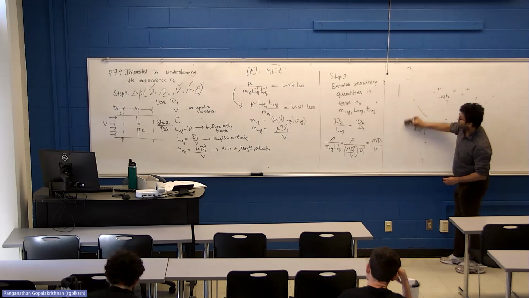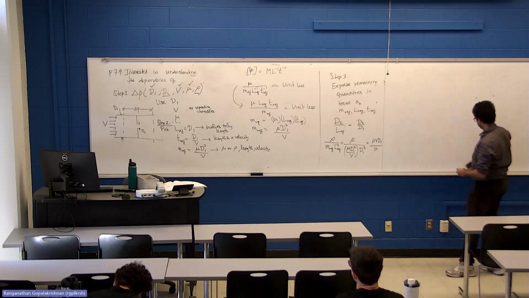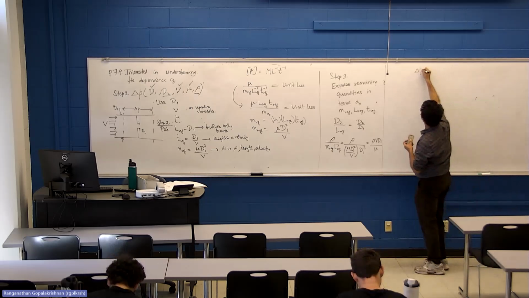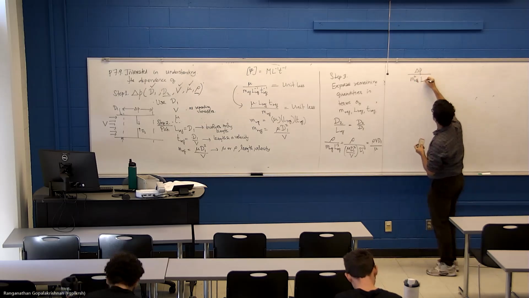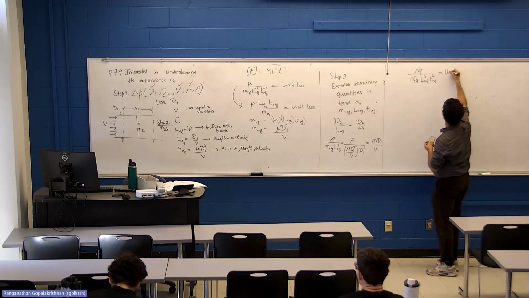There is still one more quantity remaining, which is delta P. That also needs to be non-dimensionalized. So I have delta P divided by M ref to the power A, L ref to the power B, and T ref to the power C to be unitless.